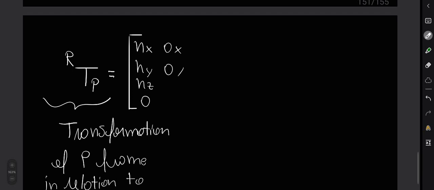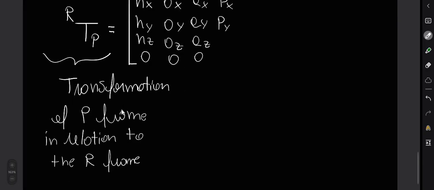Okay, OX, OY, OZ, 0, AX, AY, AZ, 0, and right here is the position. I said that this P is from the final position, but if you draw a robot arm, this P can be from the robot arm, but for me it doesn't make sense since it was not given.